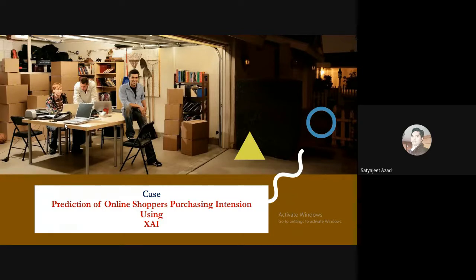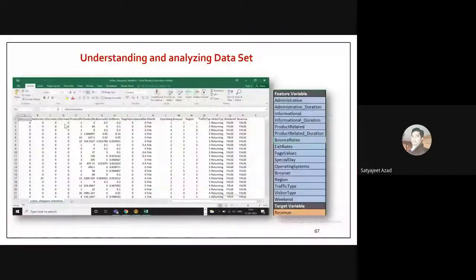Now, this is a typical data set where there are about 16 features, if I can see. The last one is R, revenue, a categorical variable, false or true.